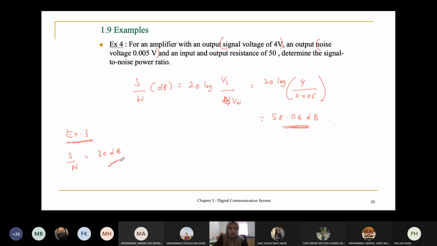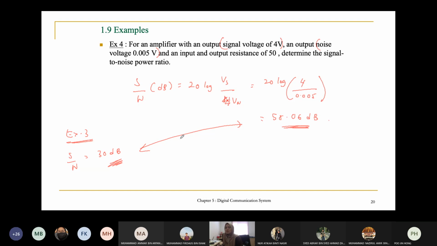So my question is, by comparing example 3 and example 4, which system has a higher noise? Which system is better?